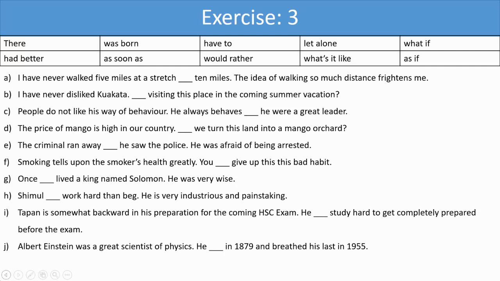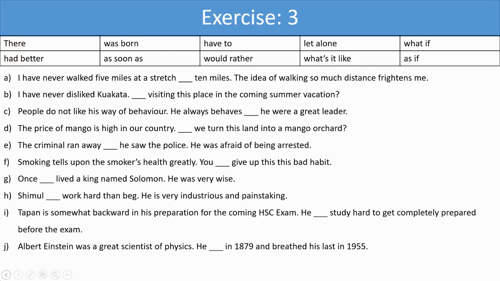C. People do not like his way of behavior. He always behaves as if he were a great leader. Number D. The price of mango is high in our country. What if we turn this land into a mango orchard?